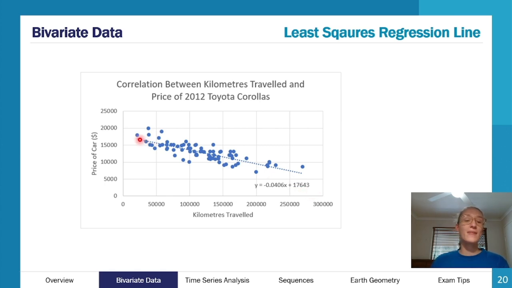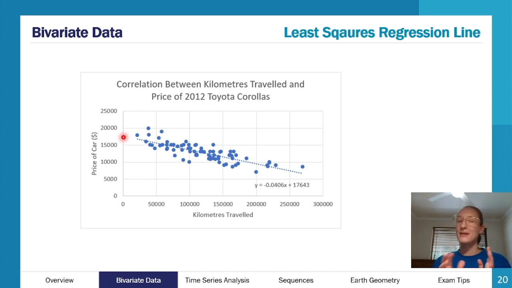So you can see if my line was to continue up and intercept the y-axis, where x is equal to 0, the value that's going to be there is about 17,643. So that's using my line to predict what the price of a car is when x is equal to 0. So when it's traveled 0 kilometers, this line's predicting the price of a new car.